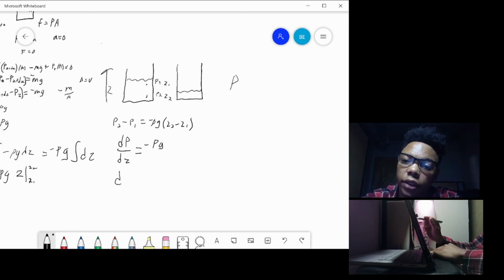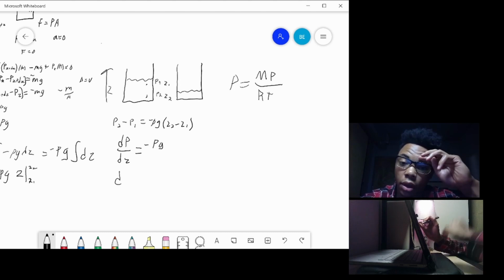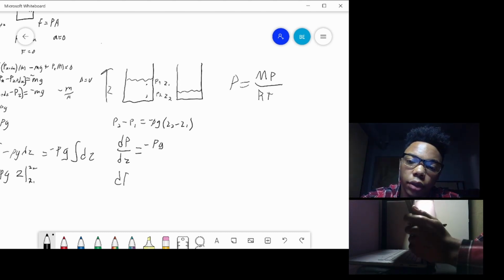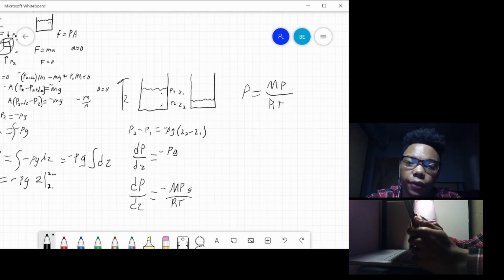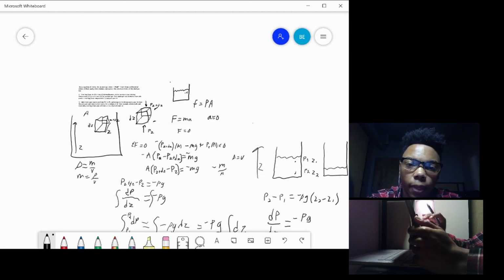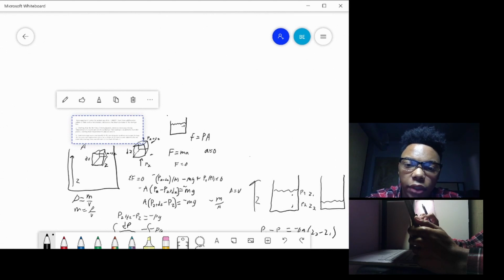We know that our density is also equal to molecular weight over RT times pressure, and we can set that right into our equation. We'll get dP over dz equals negative molecular weight times pressure times g over RT. And that is the initial equation that we set out to look for.